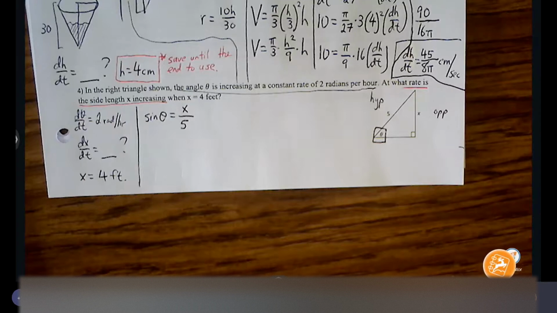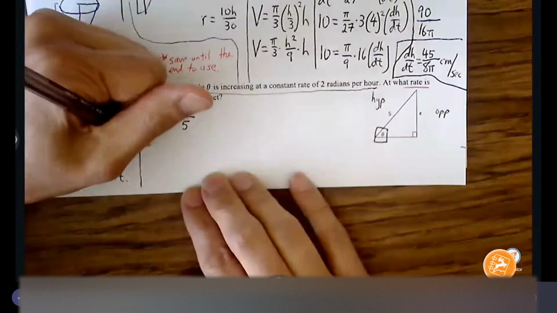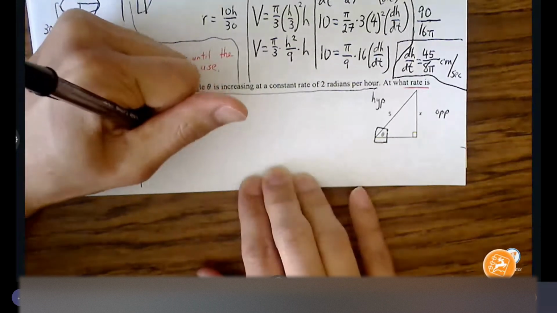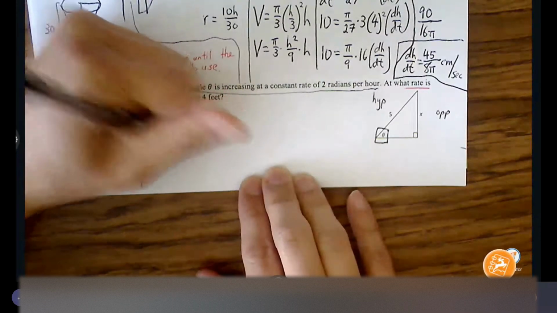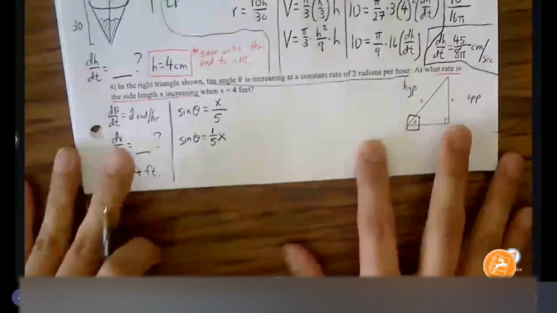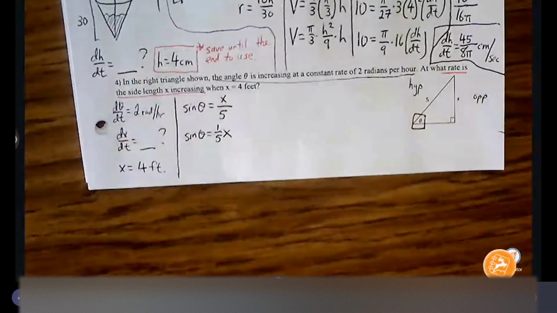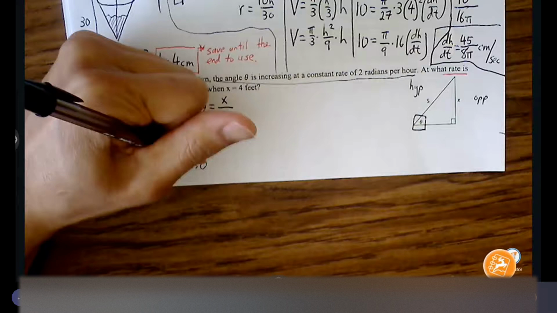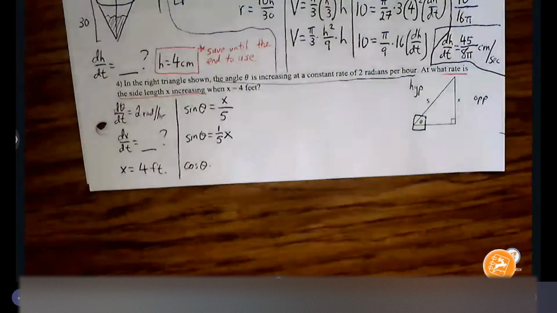Okay. All right, so we're going to find the derivative, but maybe it'll help if you push that 1/5 out in front, just to make it easier for power rule. All right, so let's find the derivative. Sine theta becomes? Cosine theta. We're dealing with related rates here, so we also need what?